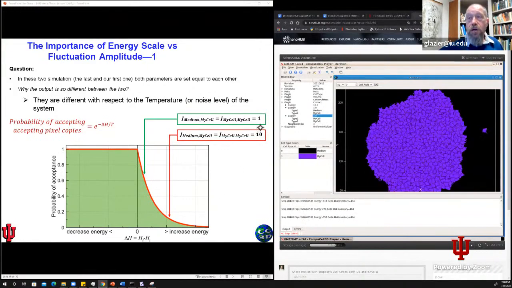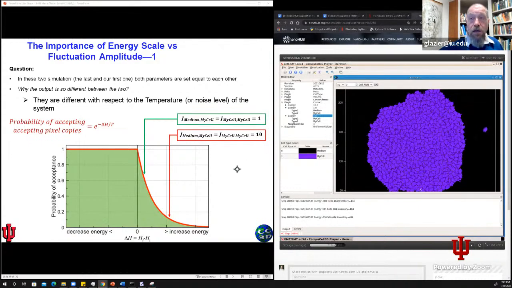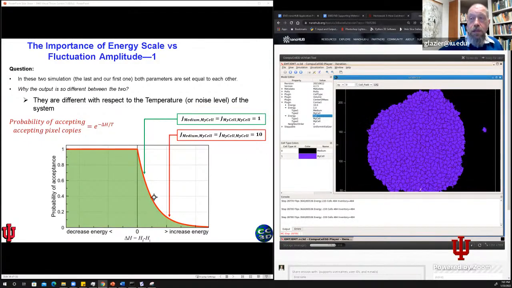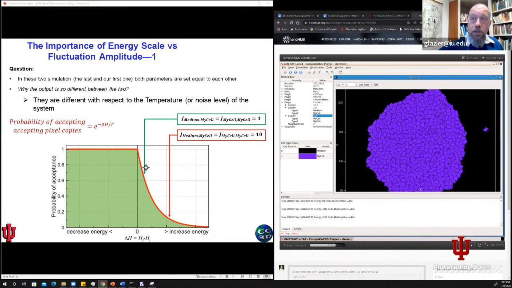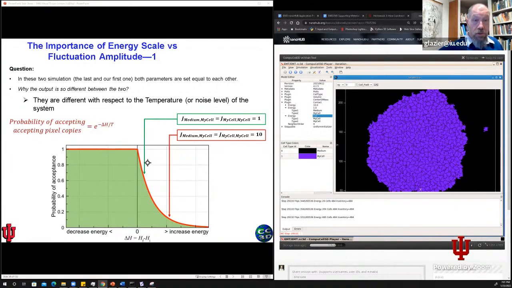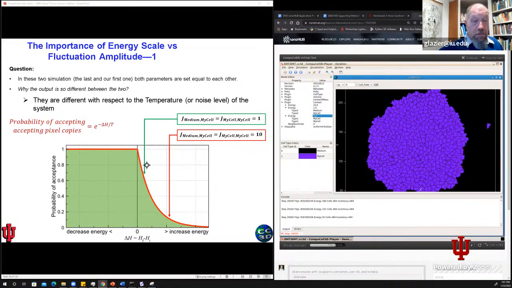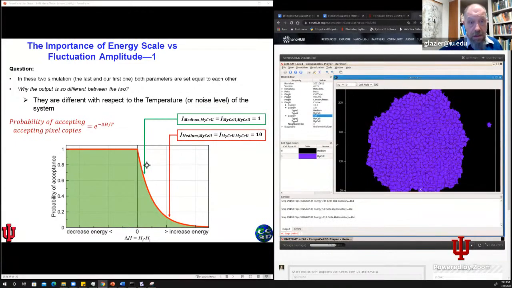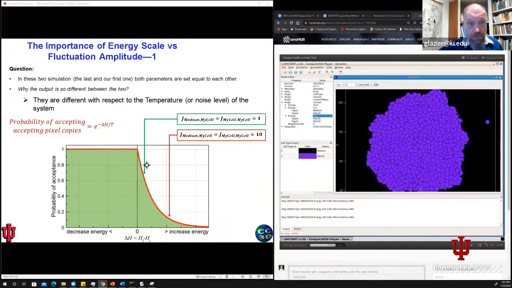If my energies are smaller, here a factor of 10 off, the typical fluctuation energy will be a tenth as much. And that's going to push me up this exponential. And so the probability of making unfavorable moves is going to be not just 10 times bigger, but e to the 10 times bigger. It's much bigger.